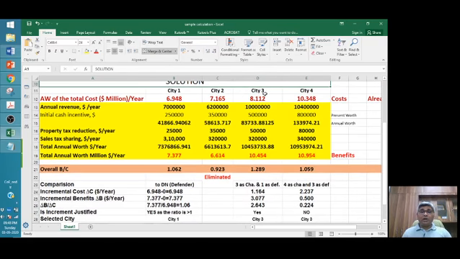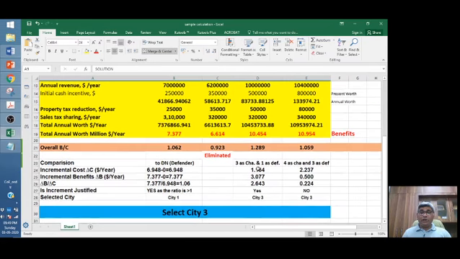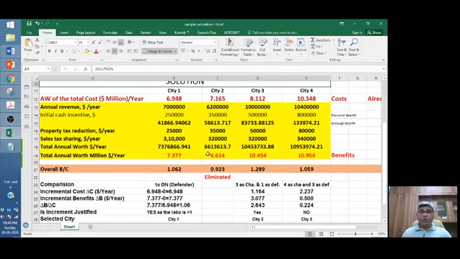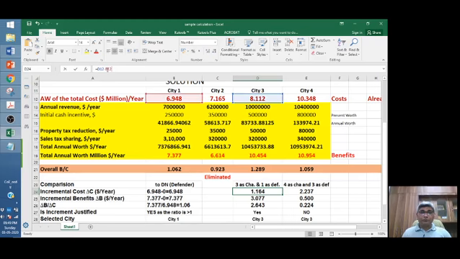On similar lines, we have already made computations regarding the annual worth and the total benefits, and the overall B by C ratio is greater than 1, that is why it is not being eliminated. So if we compute the incremental cost, we are basically comparing city 1 with city 3. The incremental cost is the difference of these two, this minus this.